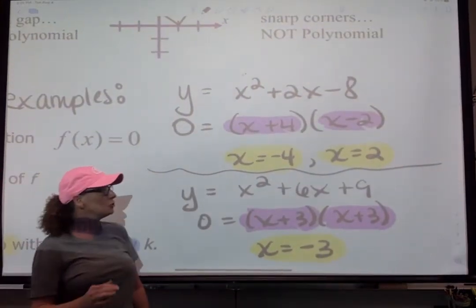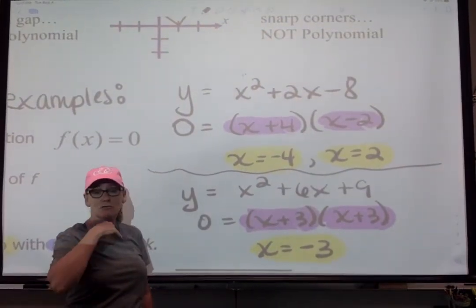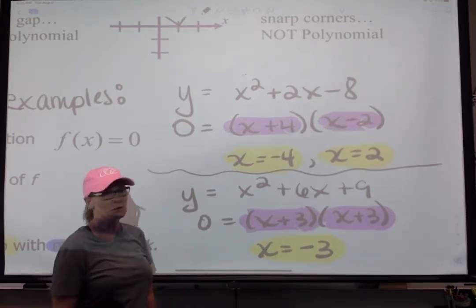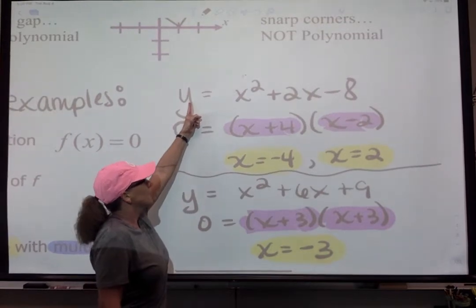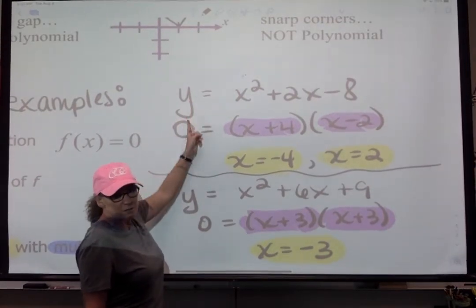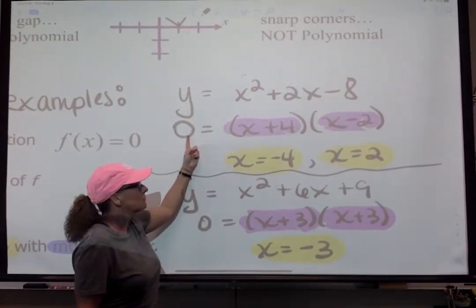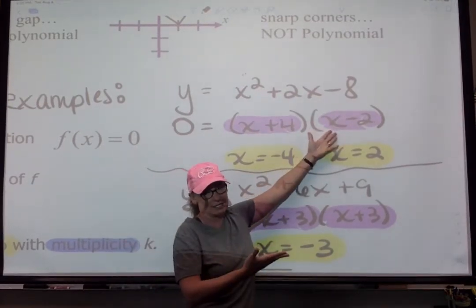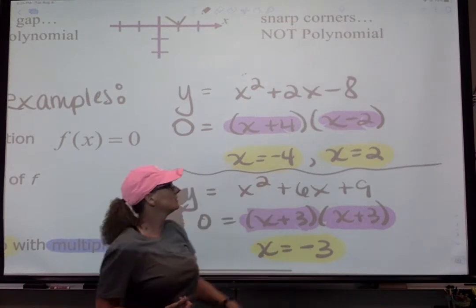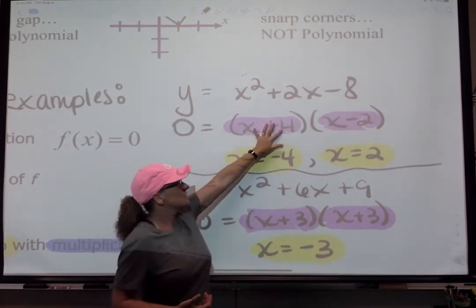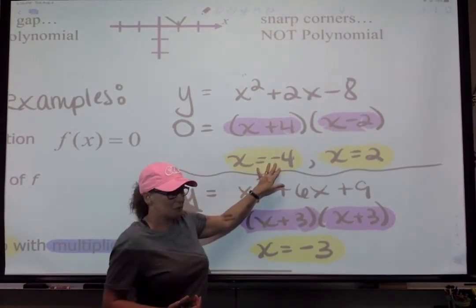So, come over here. I've given you 2 quadratic equations that are extremely straightforward. Here's the quadratic equation, it equals y. If I'm trying to find x-intercepts, I'm going to sub in 0 for y, and I'm going to factor it. These are called factors. And to solve this factor for 0, x would have to be -4.